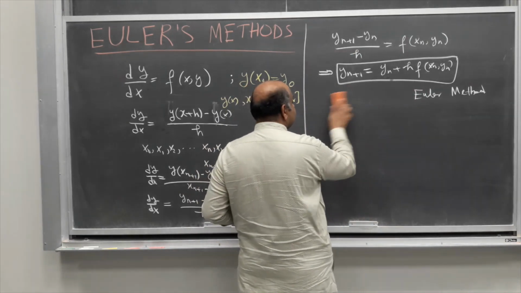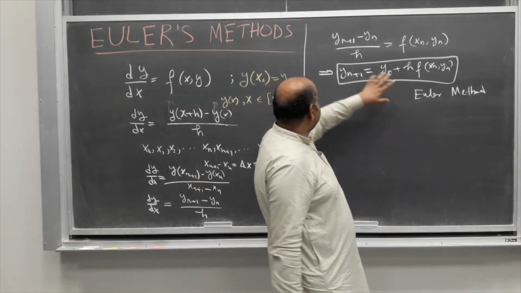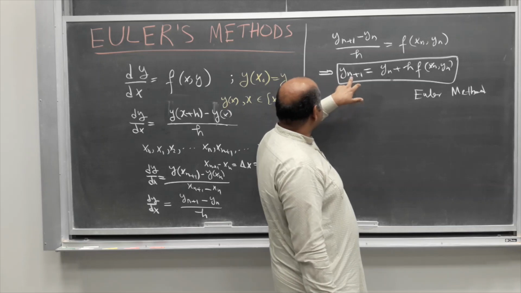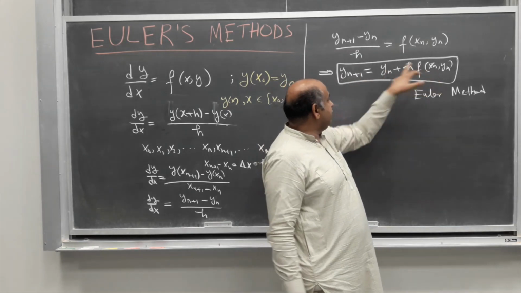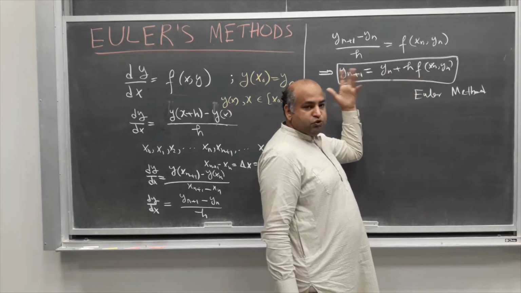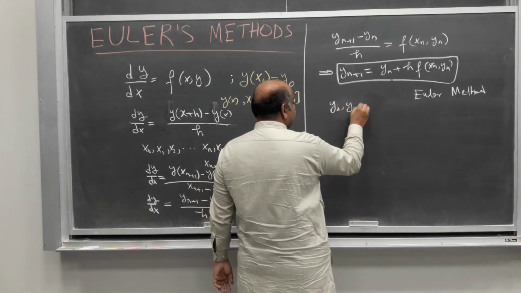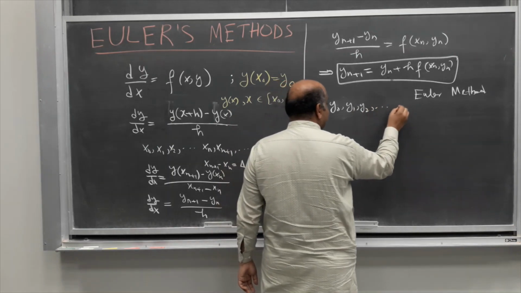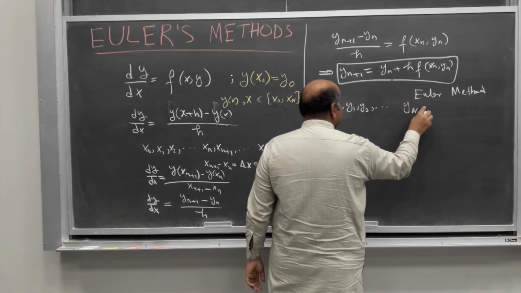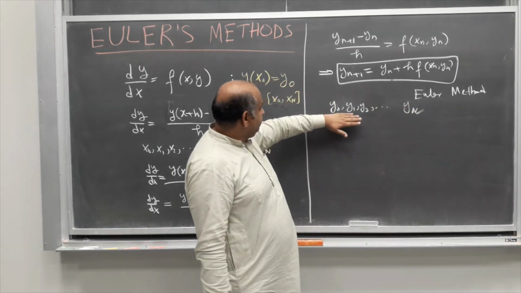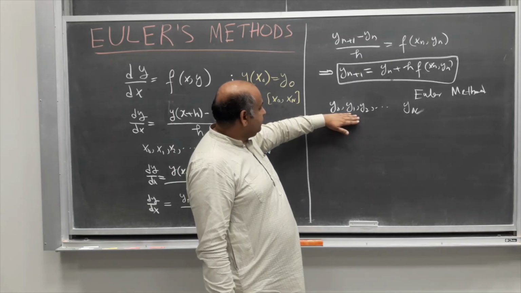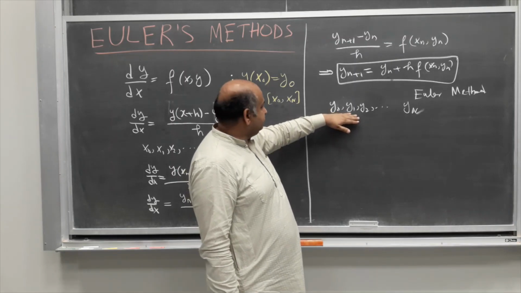So we use these initial values here to compute y1. Then once we have y1, we put x1, y1 here. We compute y2 and so on, and we can get this sequence of values of y which approximate the actual solution y of x.